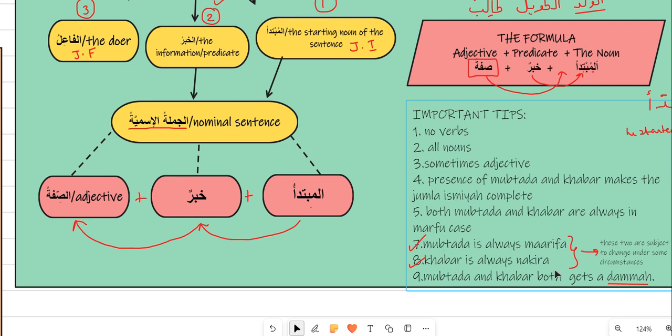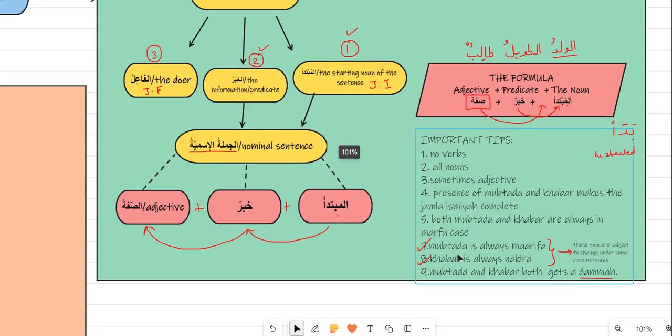I have touched on this point just so that you don't get confused when the shibh jumla comes later. So now you should know that the two main jumlas in Arabic are the jumla ismiya and the second one, jumla feliyah. I hope everything is clear on the jumla ismiya in the marfu case.